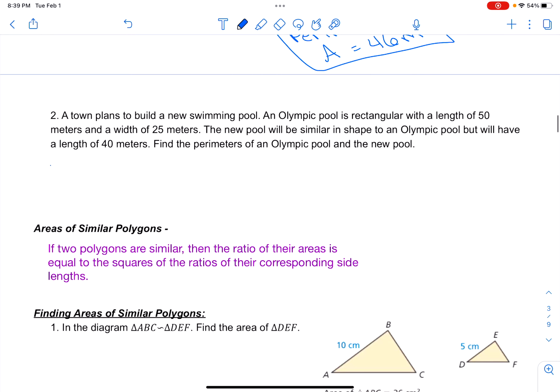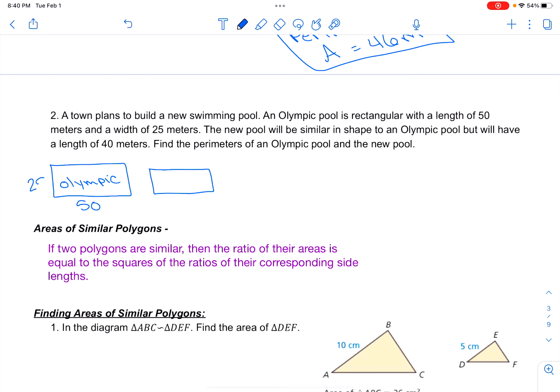So I'm going to draw two pictures to help me out. So we have the Olympic pool, which has a length of 50 and a width of 25. And then we have the new pool, which has a length of 40, but we don't know the width.